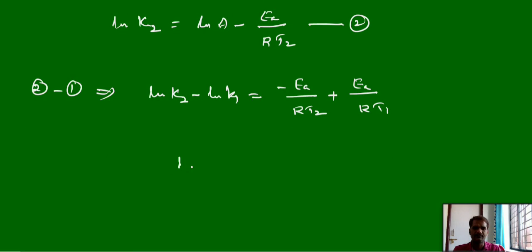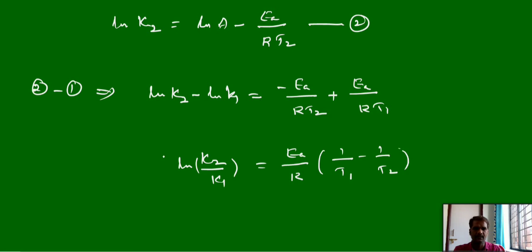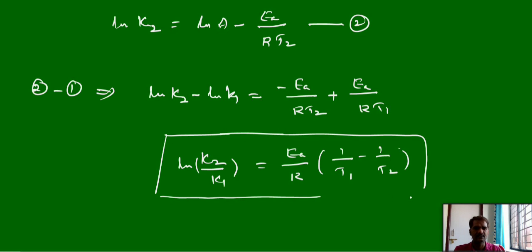From this, ln of K2 by K1 is equal to, you can take Ea common, Ea by R you can take as common, then 1 by T1 minus 1 by T2, and this is the Arrhenius equation at two temperature conditions. And if you change the temperature, how the rate constant will change, we can calculate by using this formula.